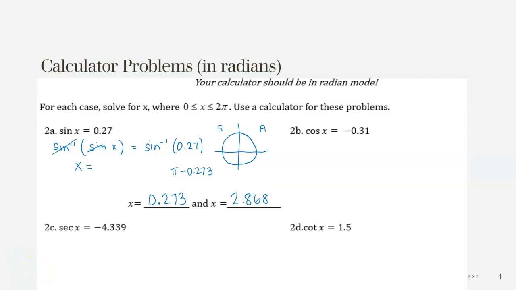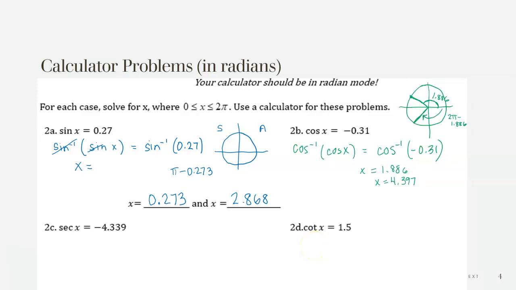To try the other problems on this page, push pause, and when you are ready to check your answers, push play on the video. So for 2b, we did cosine inverse of cosine of x to blow up that house. So x equals cosine inverse of negative 0.31. On my calculator, I got that this angle, which is in quadrant 2, is 1.866. The other time that cosine is negative is in quadrant 3.